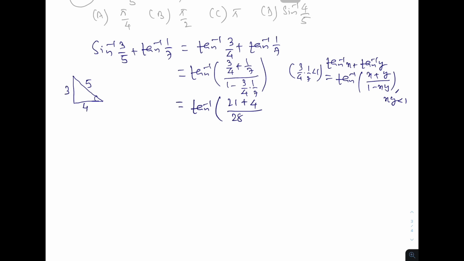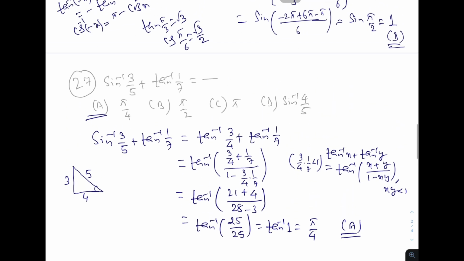So 28 minus 3. So this is tan inverse 25 upon 25, and so tan inverse 1, and so it is pi by 4. So option A is the answer.